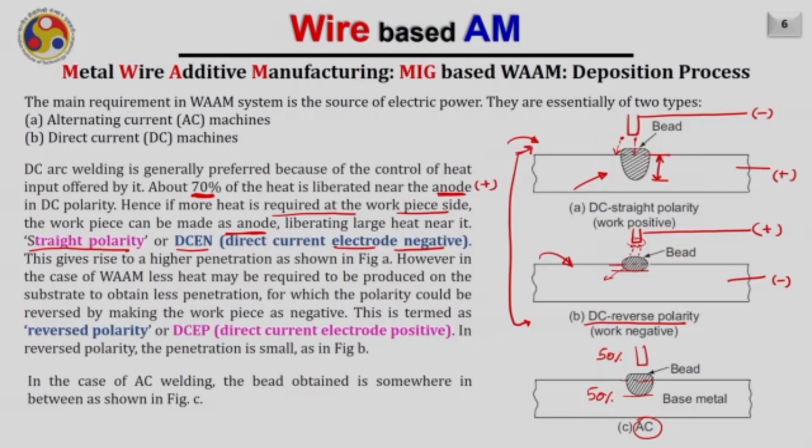So this reversal of the polarity is very much important when you deal with such materials. Those immediately create the oxide layers, and the melting point of those oxide layers is quite high. However, for the conventional steels, DC current is sufficient.